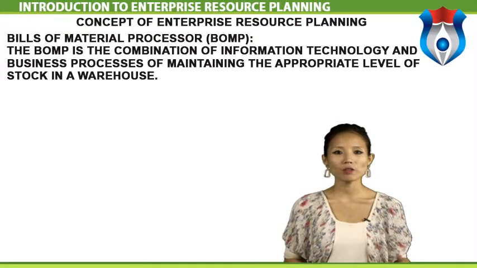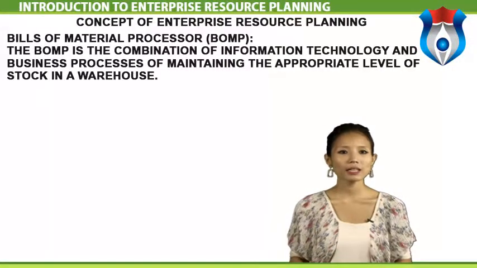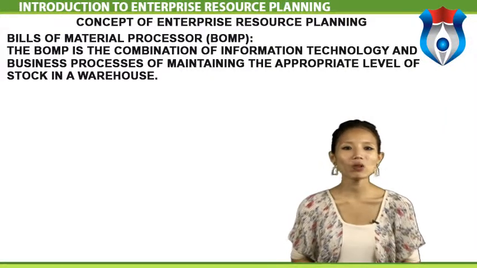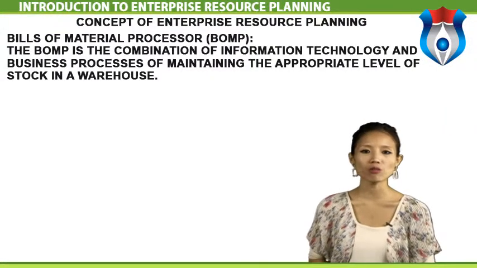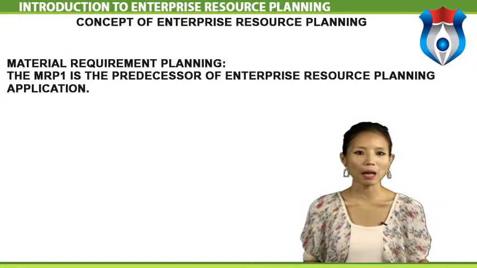The activities of this process include identifying inventory requirements, setting targets, providing replenishment techniques and options, monitoring item usage, reconciling the inventory balances, and reporting inventory status. MRP I is a predecessor of enterprise resource planning applications.